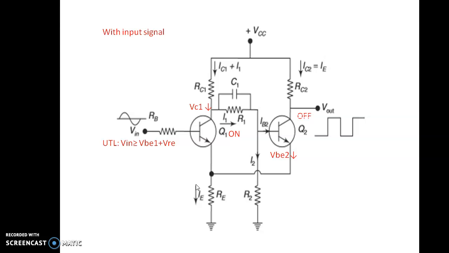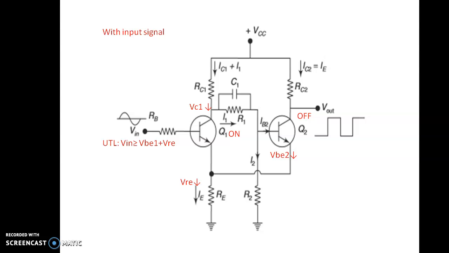As VRE gets reduced, the transistor Q2 goes into the off condition. This process continues till Q1 is driven into saturation and the transistor Q2 is cut off.